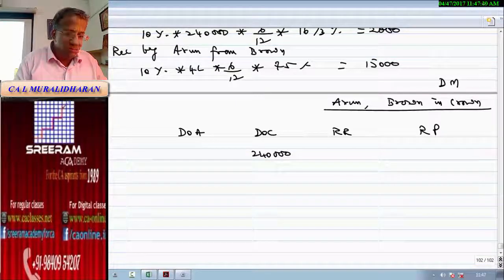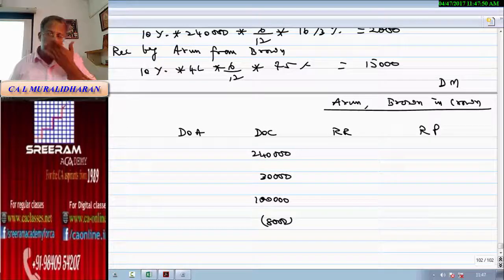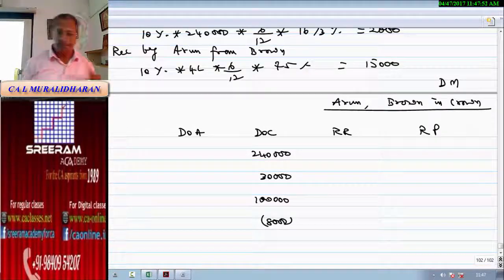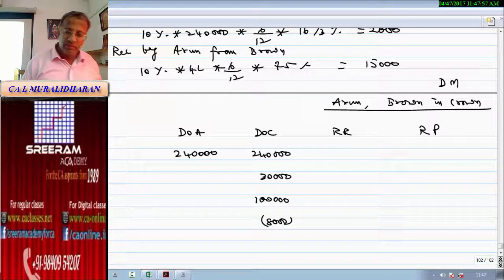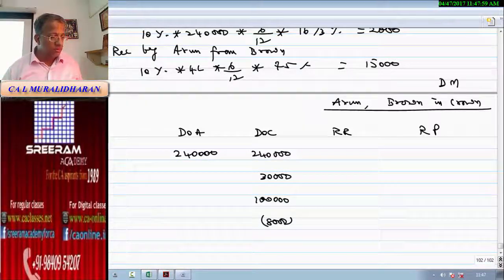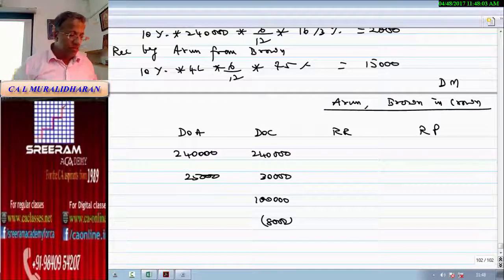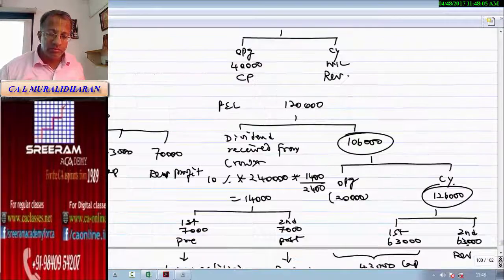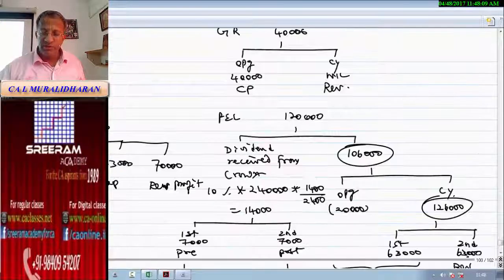2,40,000, 30,000, 1 lakh, unrealized profit 8,000, 2,40,000, then 25,000, profit and loss account 56,000.